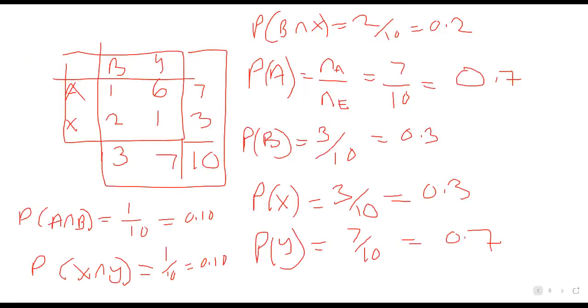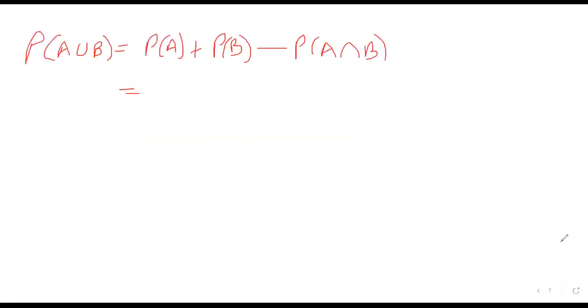Yes, 0.7. Probability of B, 0.3. And the intersection, 0.1. So 0.7 plus 0.3 minus 0.1. What do we get as our answer? 0.9.